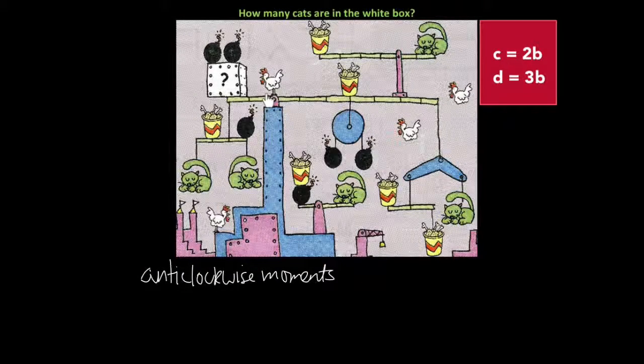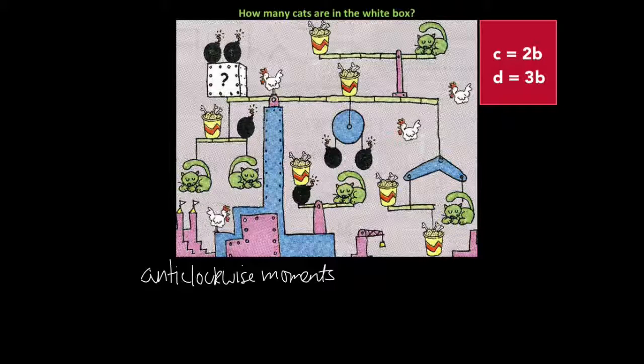Now for the anti-clockwise moments, all of the forces are acting 2 units away, because this string holds the two cats, the bucket of chicken and the dynamite, and they're all hanging by that one string, and it is attached 2 units away from the pivot. But also the white box and 2 more dynamites are also situated 2 units from the pivot.